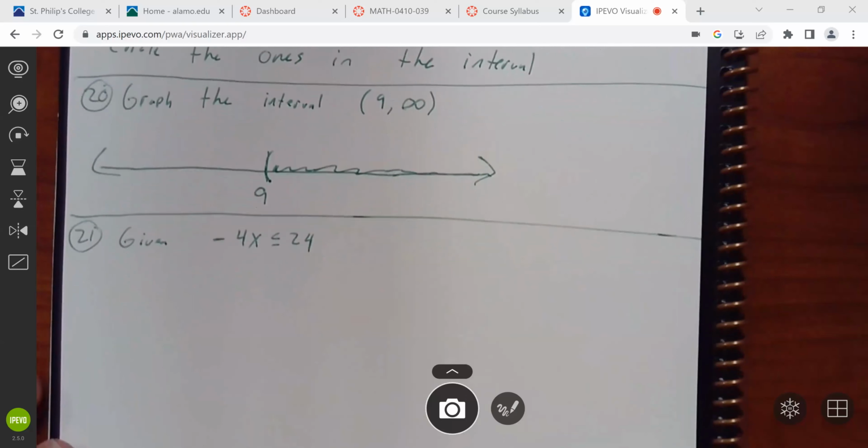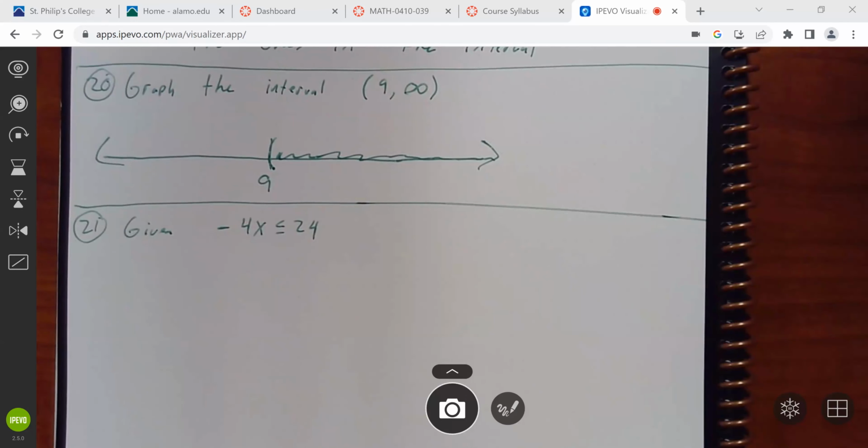Okay. Given this guy, solve, then do the interval and graph. So only one step to do, right?